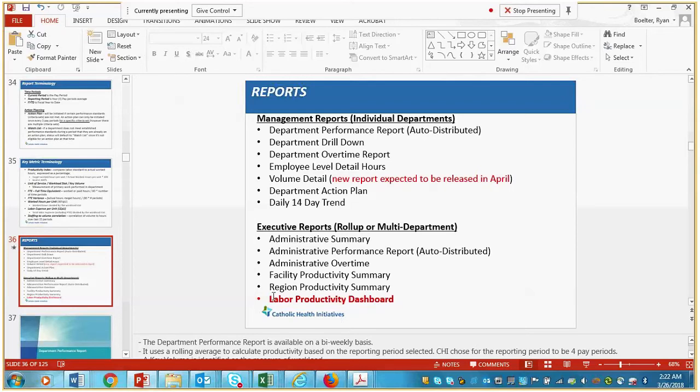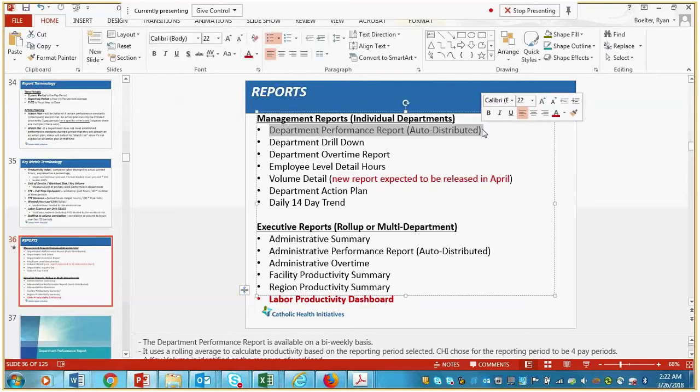But you do have access to that now, and it lives outside of OA, and that will probably be the primary tool that most executive leaders will look at. This first report under the management section is the one that can be emailed. It is the only department level report that can be emailed. The rest of these would be able to be generated through the report menu.